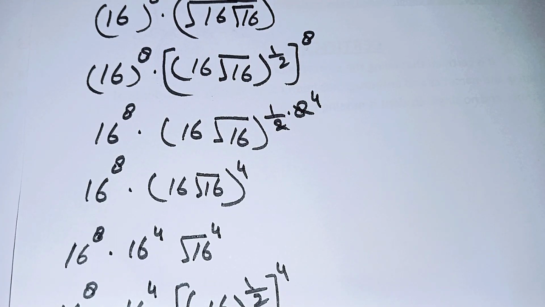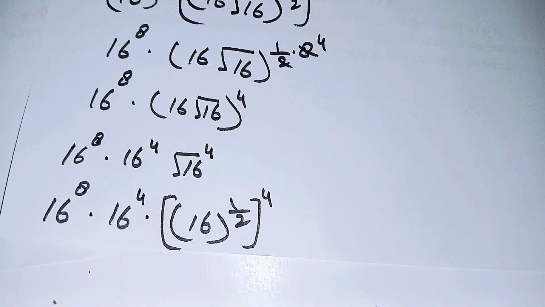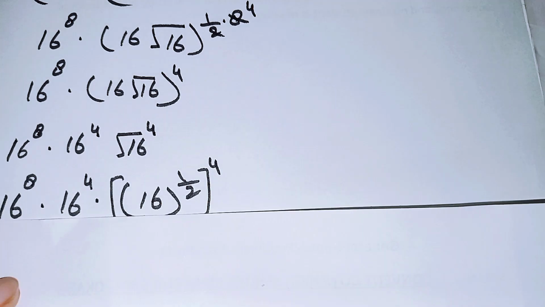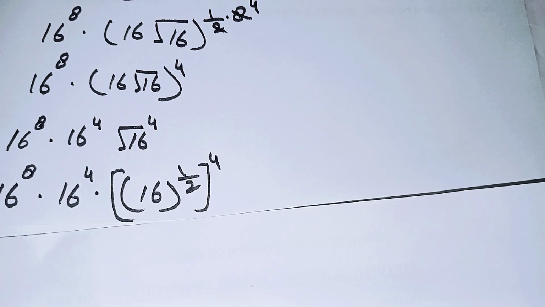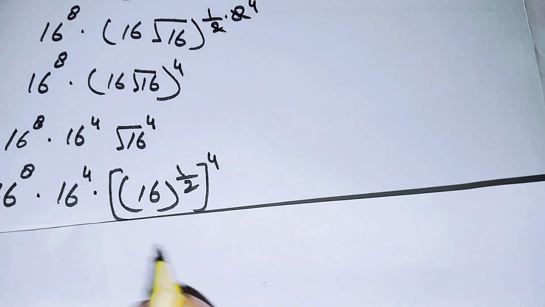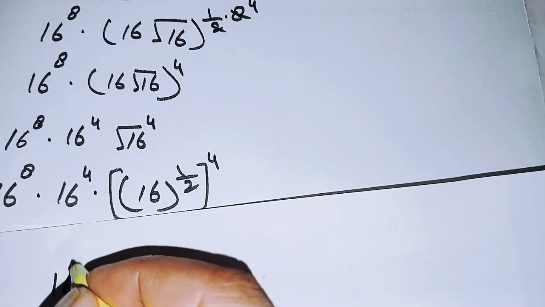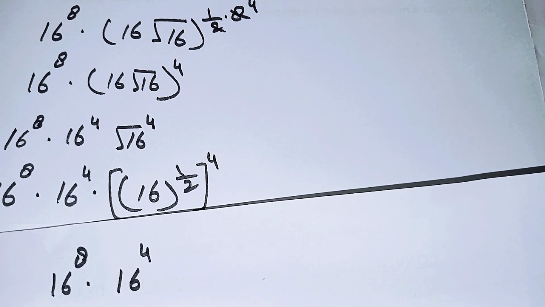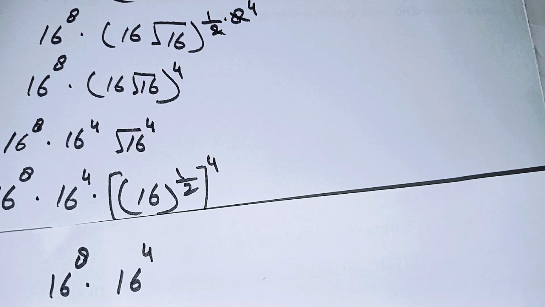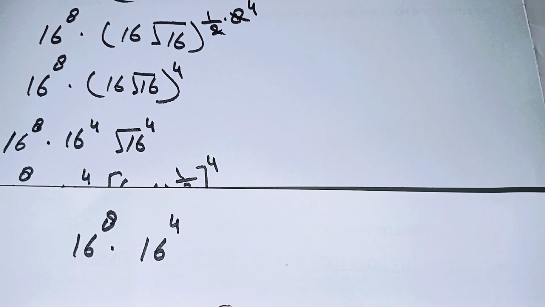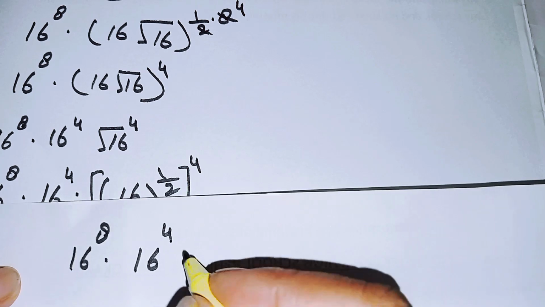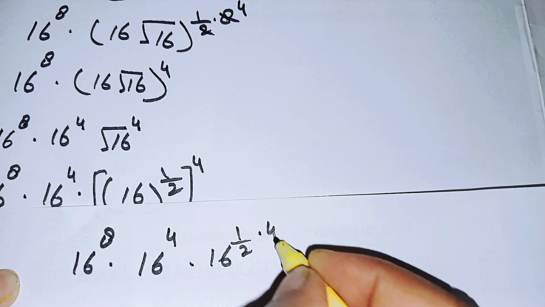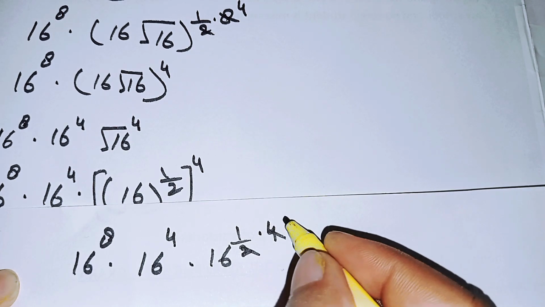So here in the next step is 16 to the power of 8, then times 16 to the power of 4, and then times 16 to the power of 1 over 2 times 4, and this 2 divided by this 4 is equal to 2.